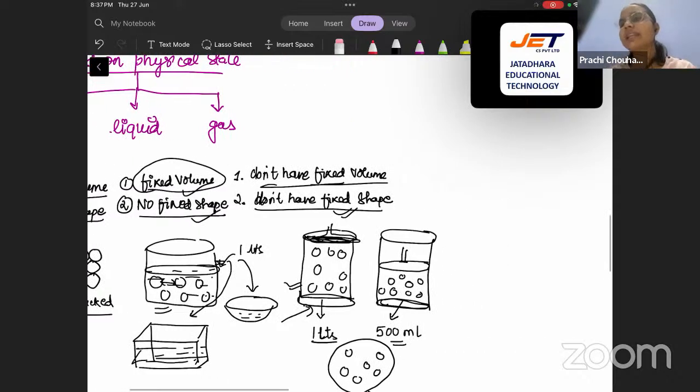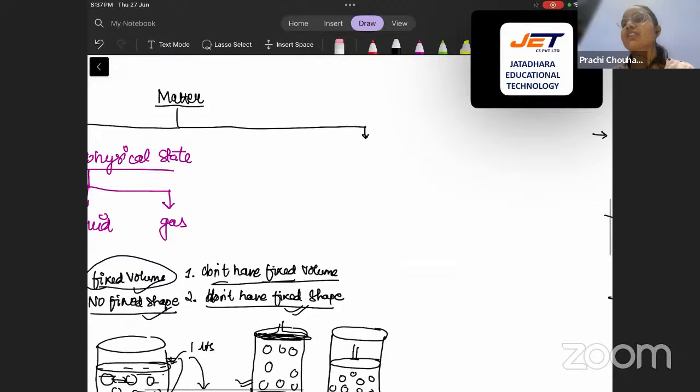Now, let's quickly move on to the classification which is based on the chemical characteristics.